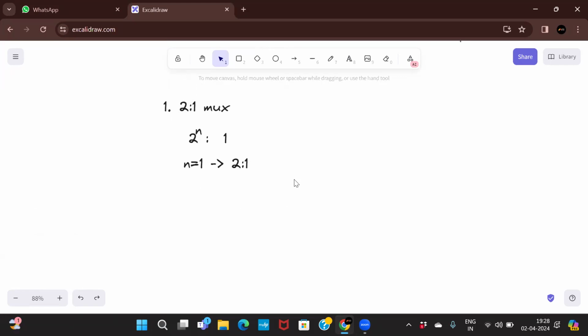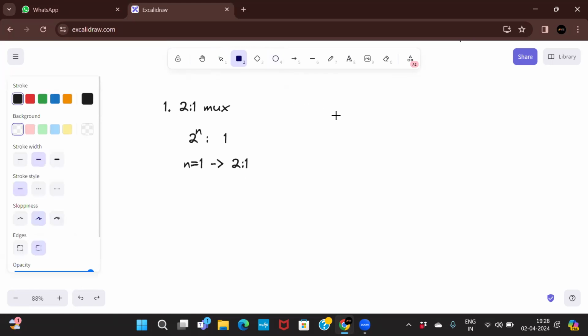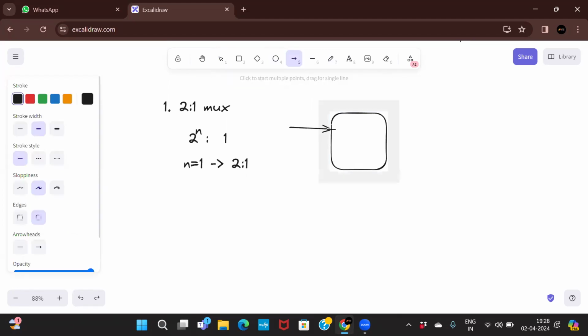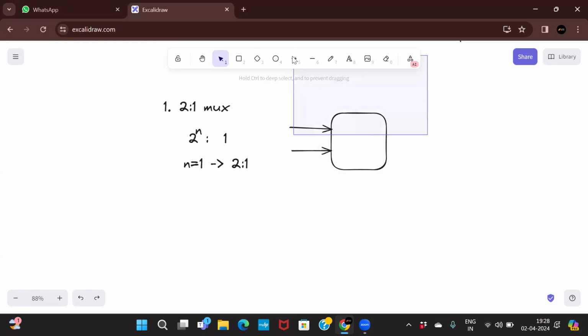Just take one box. We have two inputs, one output.